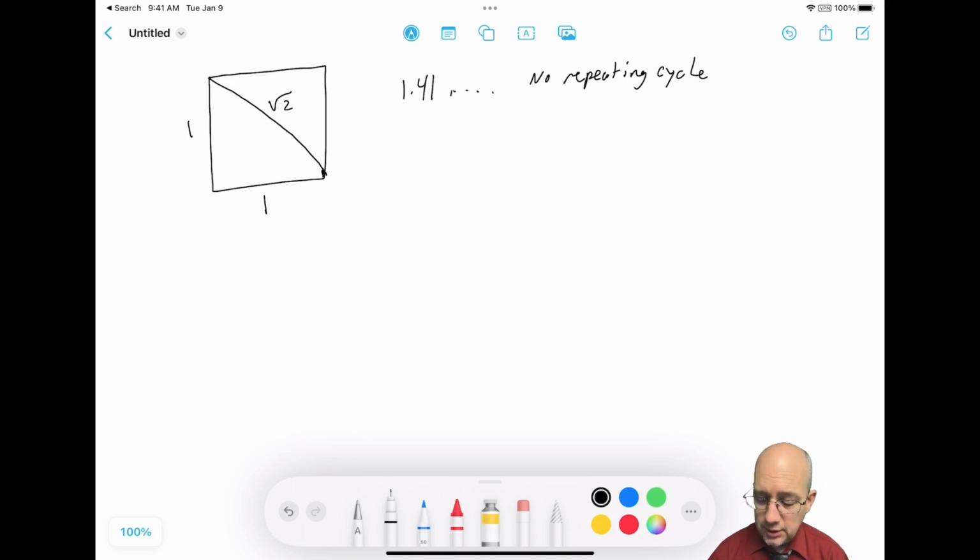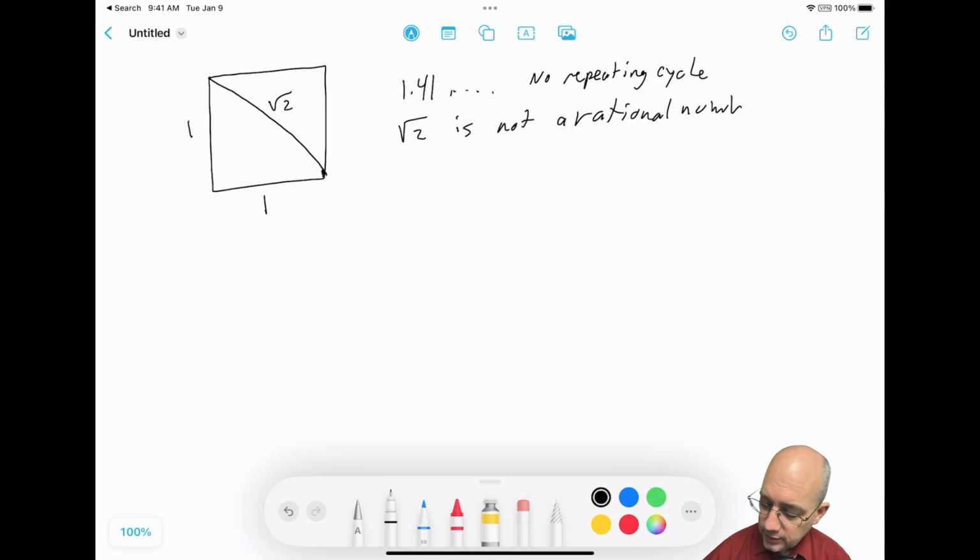We just can't do that. And basically related to this, the square root of 2 is not a rational number. If it was a rational number, it would have a repeating cycle. If it had a repeating cycle, it would be a rational number. These things are not true. So the square root of 2 is not a rational number.